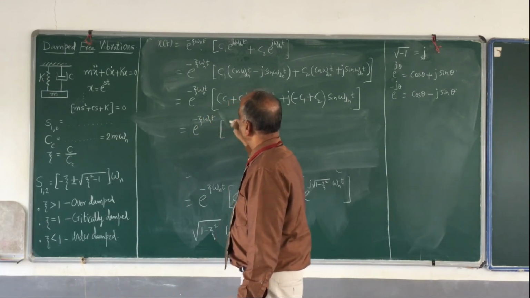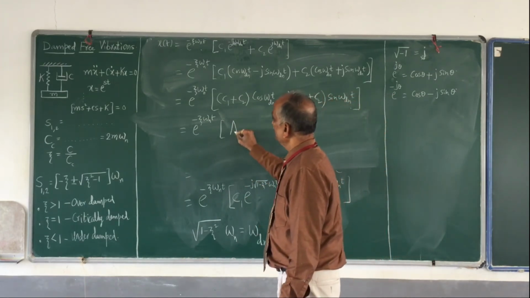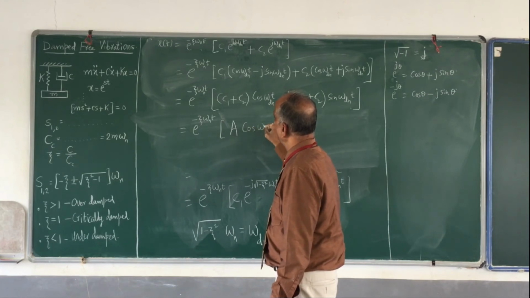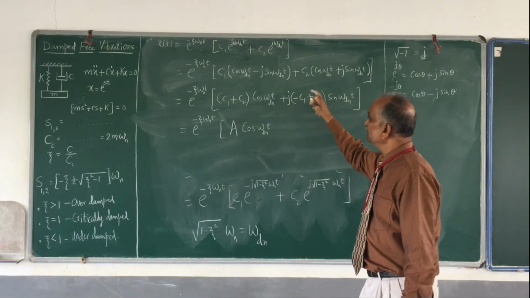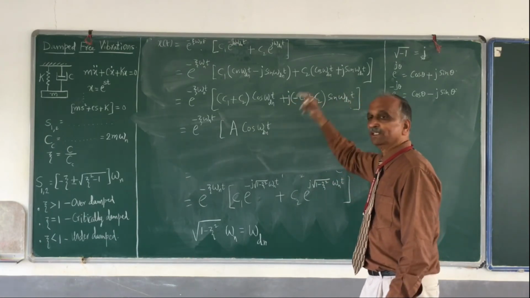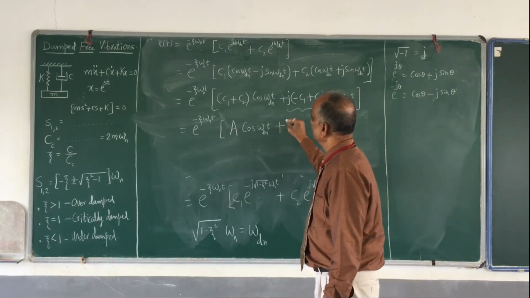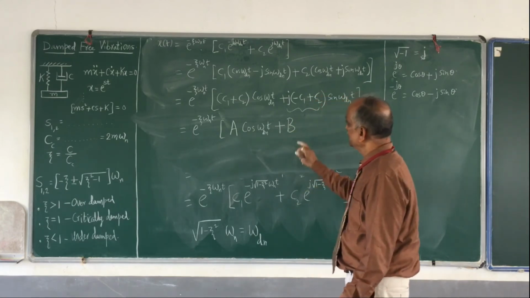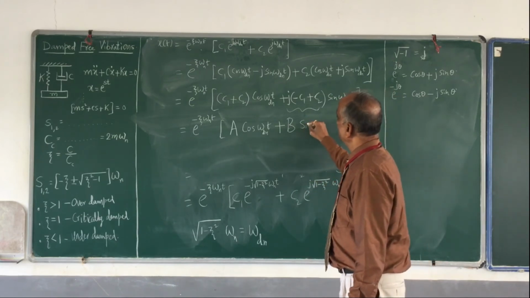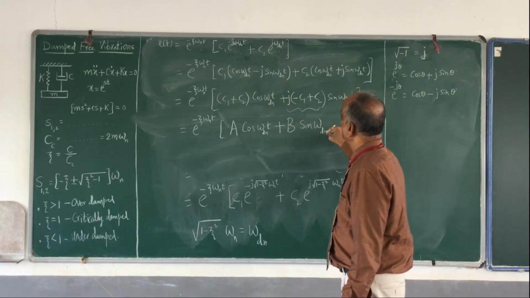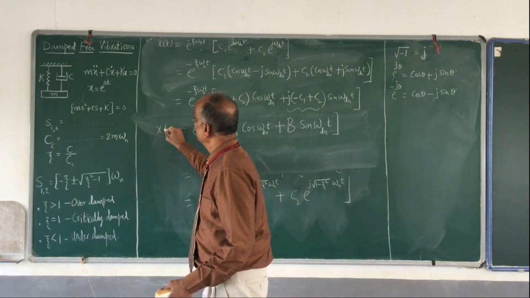This into bracket: C1 plus C2 is another constant, which is A, into cos of omega dn into t. Then j into C2 minus C1, the whole thing is another constant, and that I shall replace by B. What is B? B is j into C2 minus C1. B into sin of omega dn into t.